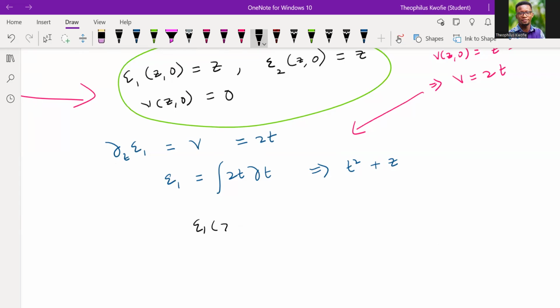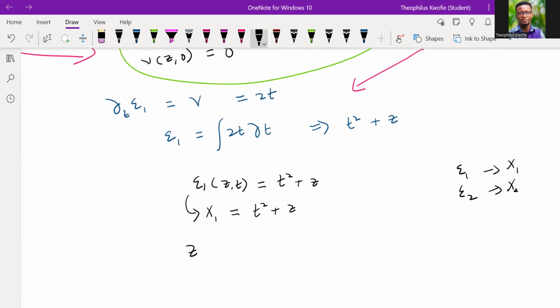We have Xi of Zt to be equal to T squared plus Z. So on that note, remember that your Xi1 corresponds to your X1, and your Xi2 corresponds to X2. So we're going to have our X1 to be T squared plus Z.